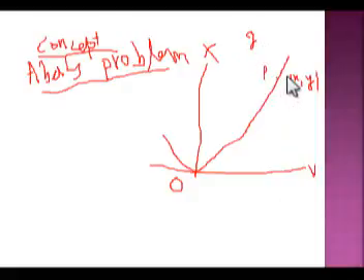If it hits the vertical point, then it slides under gravitational motion and comes to the point Q, whose coordinates I am taking as (xi, eta).